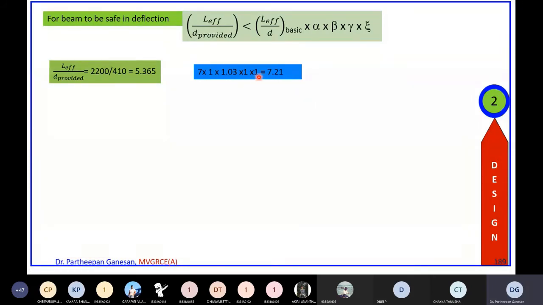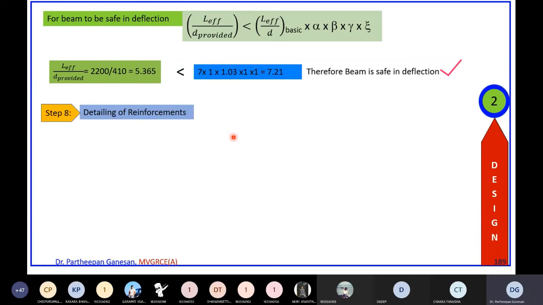So 7.21, and it is 5.365. Obviously, your 5.365 is less than 7.21. Therefore, the beam is safe in deflection. That's correct. Okay. Now, finally, you have to do the detailing of reinforcement.